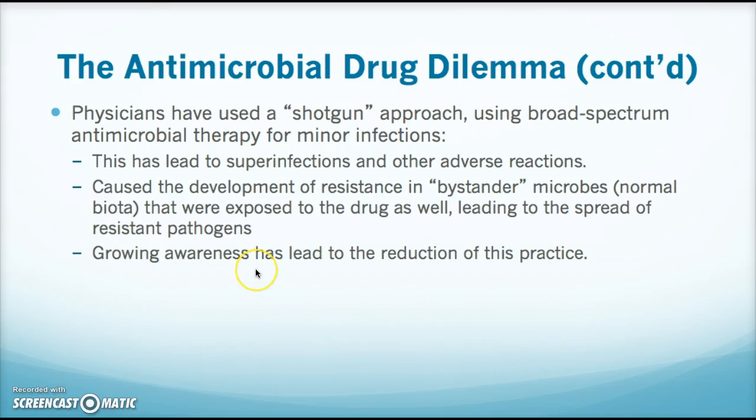The hope is that through education, we have a growing awareness that decreases this practice, and that takes place in two different ways. First of all, physicians not prescribing antibiotics to somebody who has a viral infection, or not prescribing a broad spectrum if they can use a narrow spectrum antibiotic. But this also falls on the consumer.